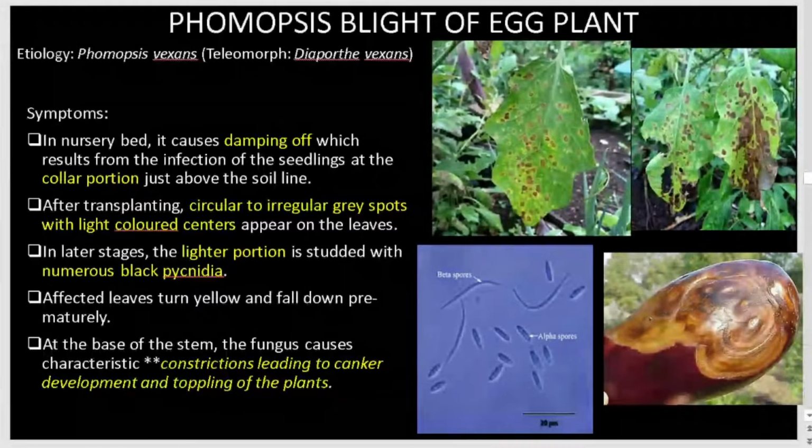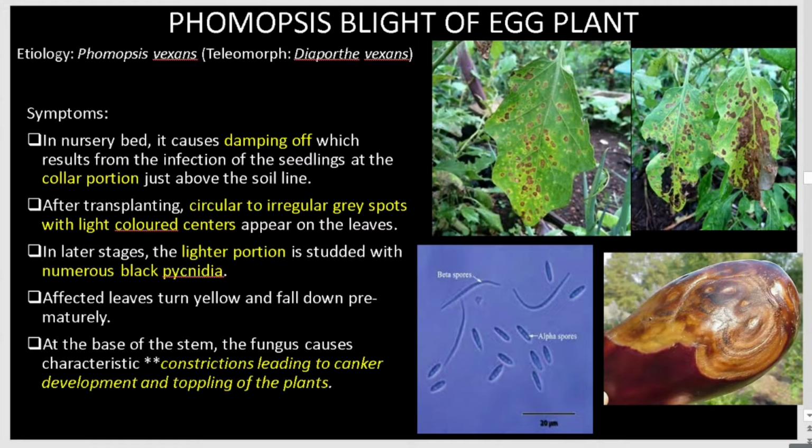With the help of a microscope, on the gray areas one can visualize pycnidia, and you must know what pycnidia are. They are just flask shaped, black colored asexual fruiting bodies. These spots will enlarge in size, coalesce, and cause premature defoliation of the leaf.